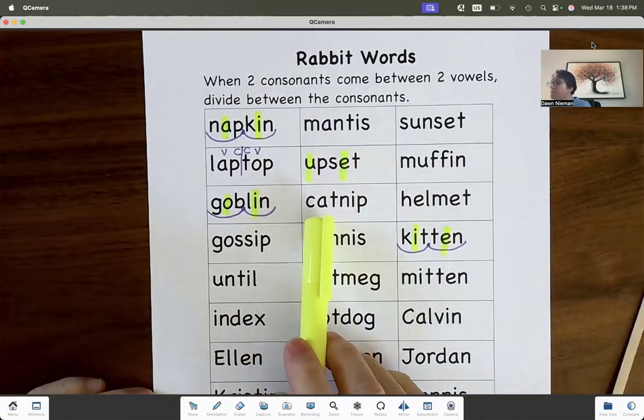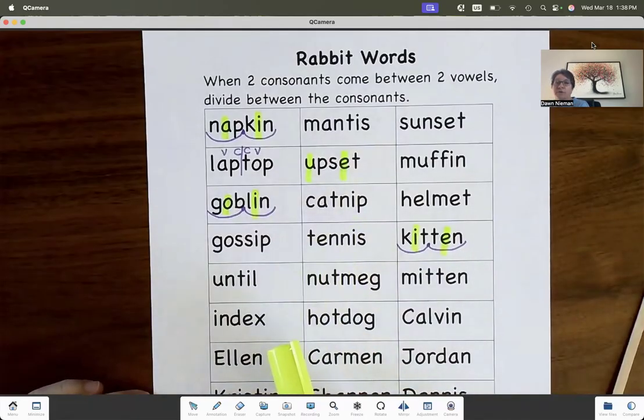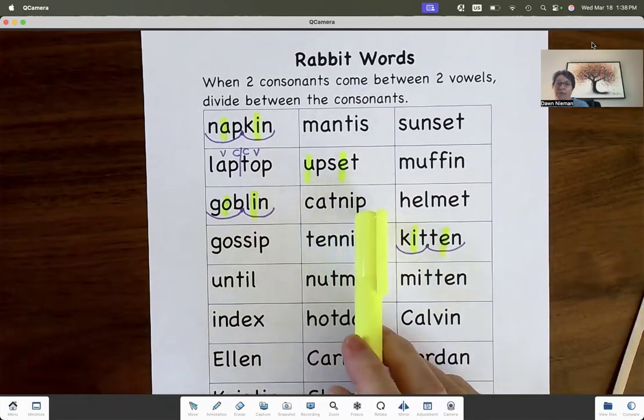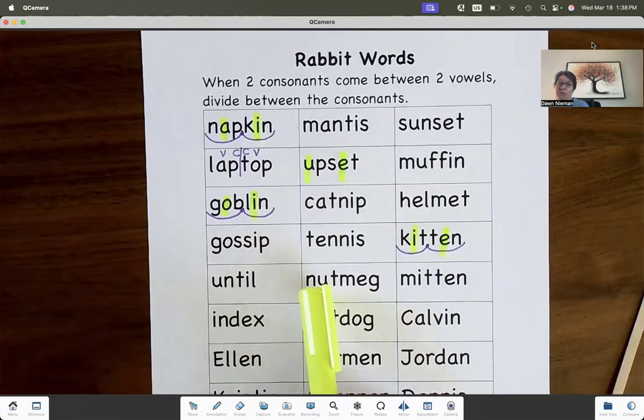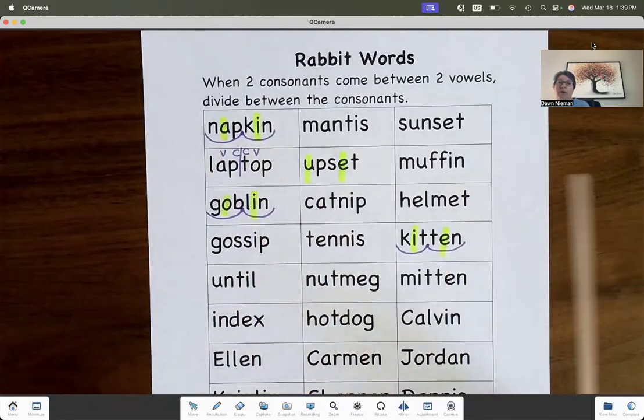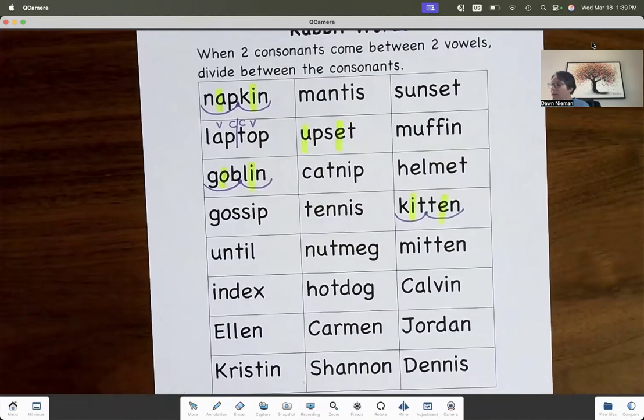Ultimately, yes, they need to be able to look at this word and say catnip, catnip, or even better, just read the word nutmeg, right? But you may have to build in some of these scaffolded pieces first with a lot of this popping the vowels. It's why you have to know what's a vowel versus a consonant.